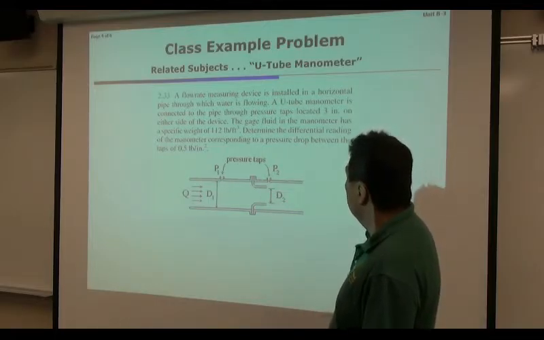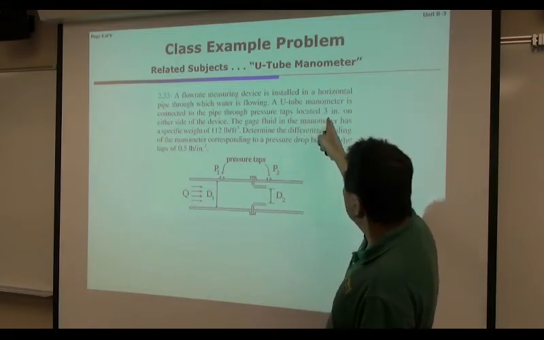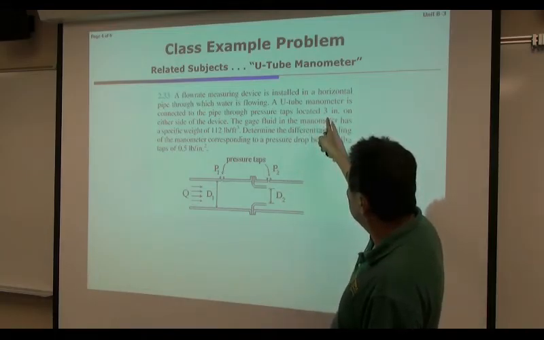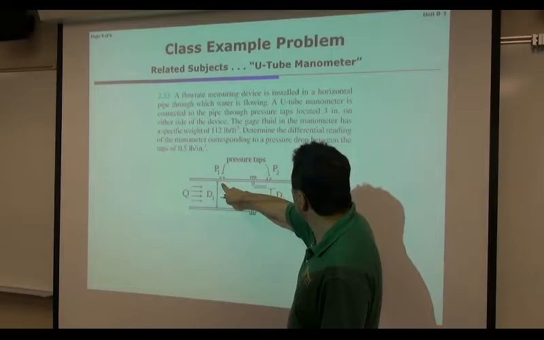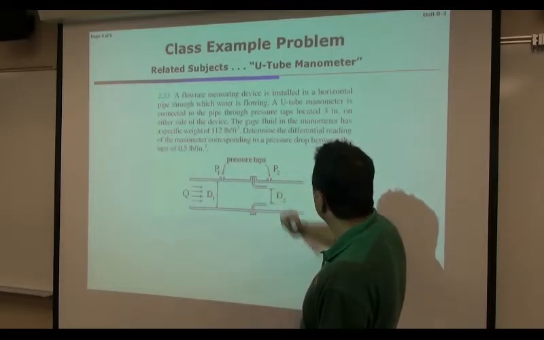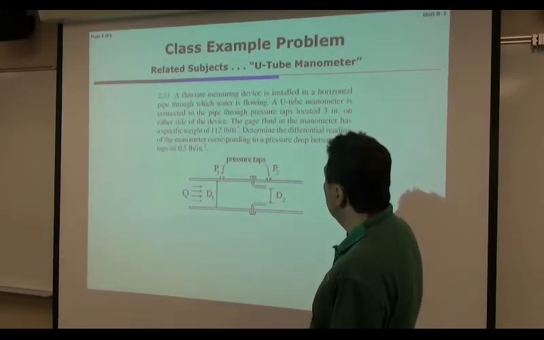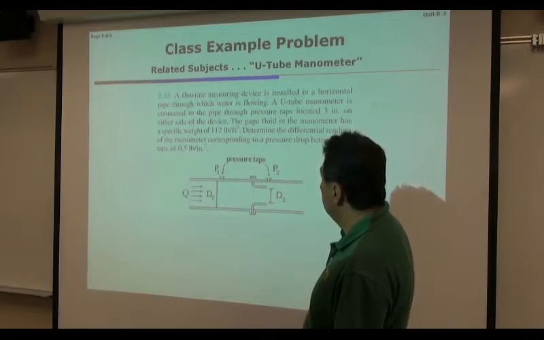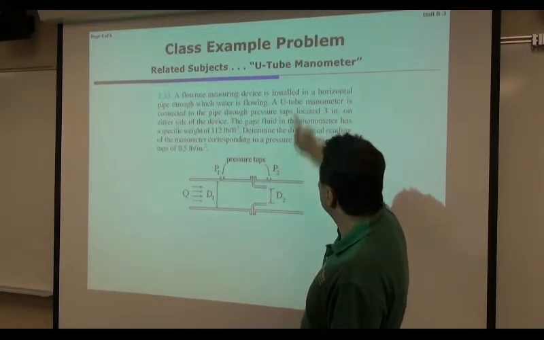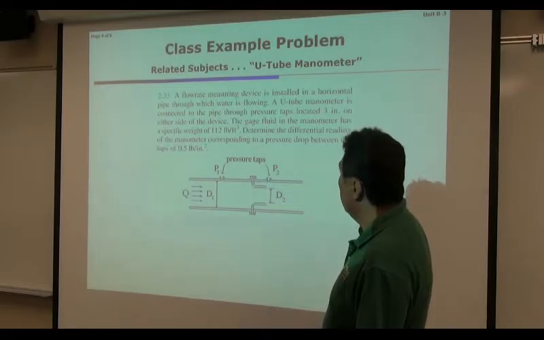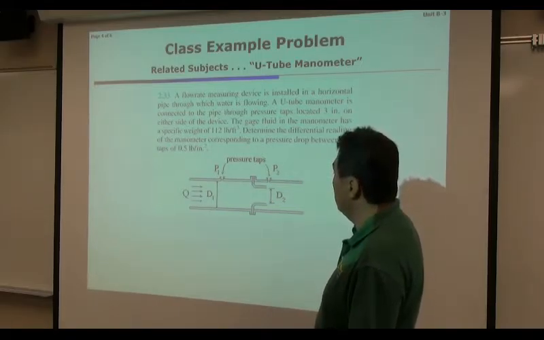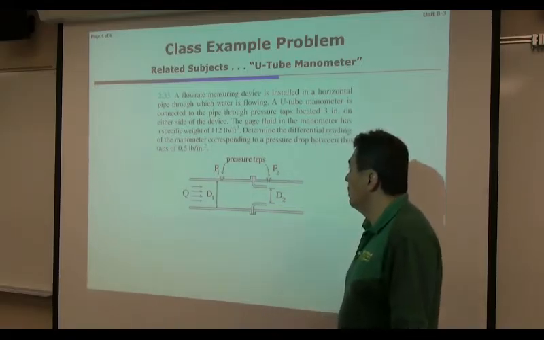A U-tube manometer is connected to the pipe through the pressure taps right here, located 3 inches on either side of the device. The gauge fluid of that U-tube has a specific weight of 112 pounds per cubic foot.